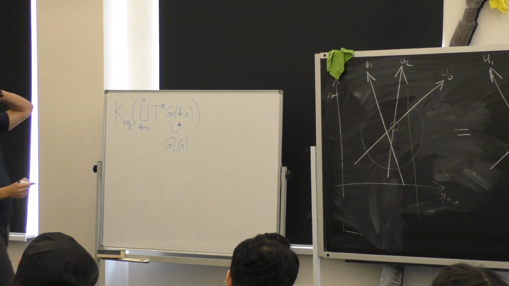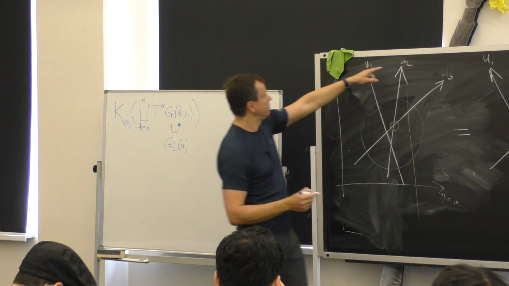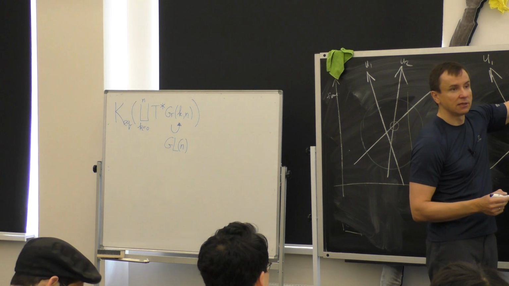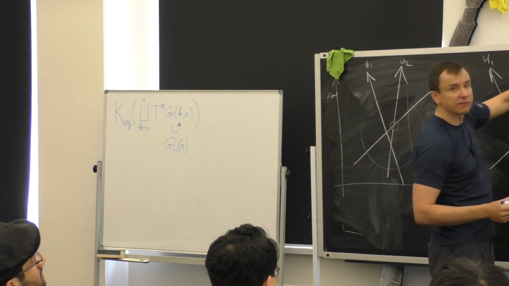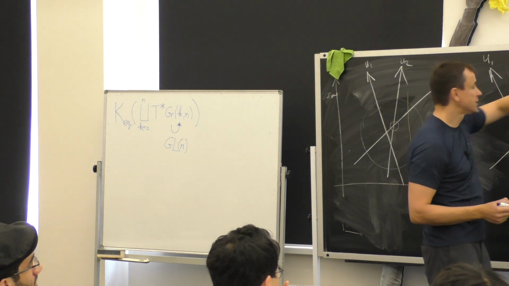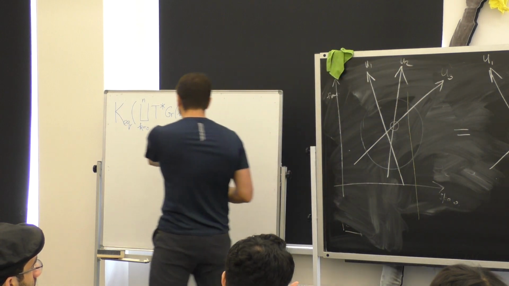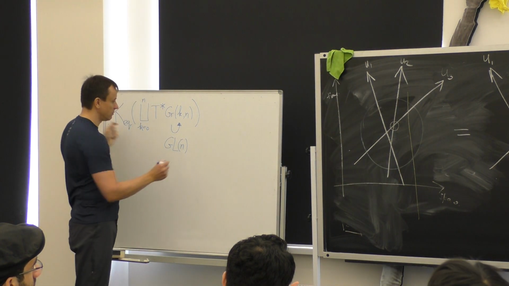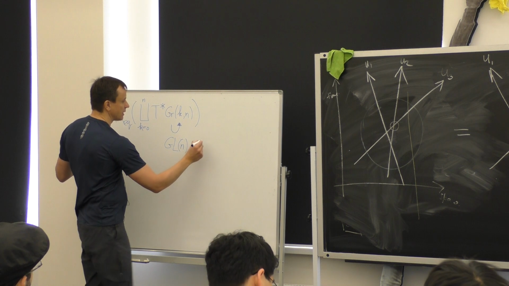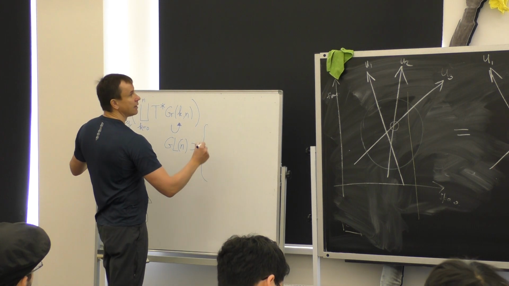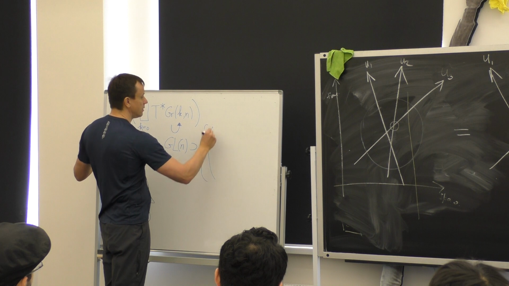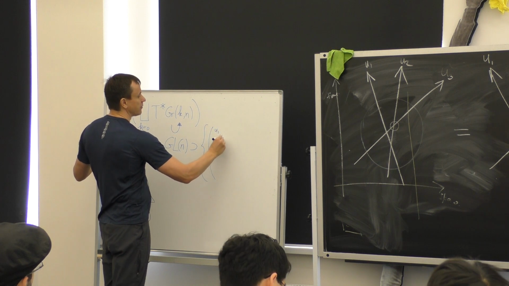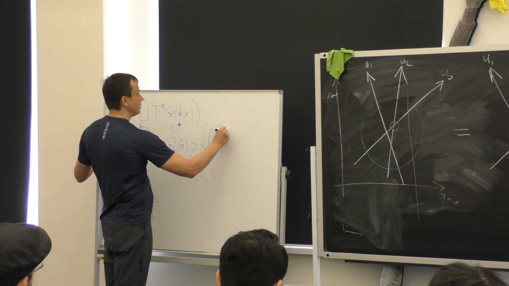In GL_n, these would be equivariant variables. So we need something that depends on 3 variables. So we'll just need a subtorus. We'll take a subtorus of the form: there's a variable called U1, repeated some number of times, maybe n1 times.